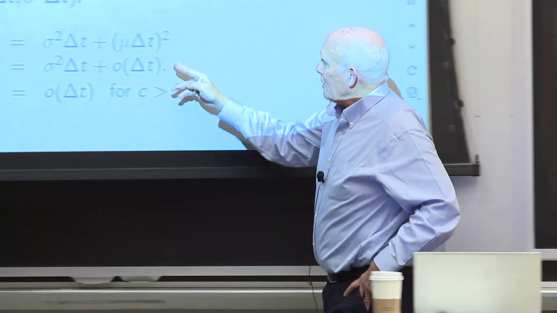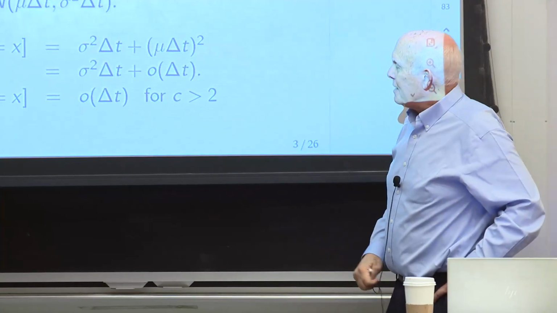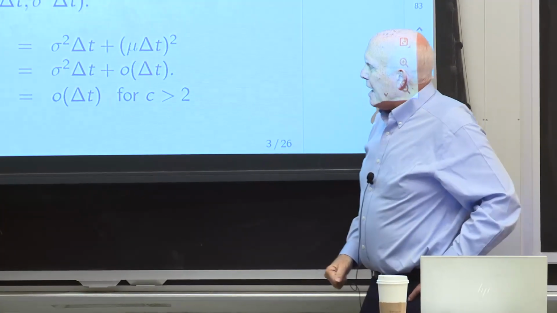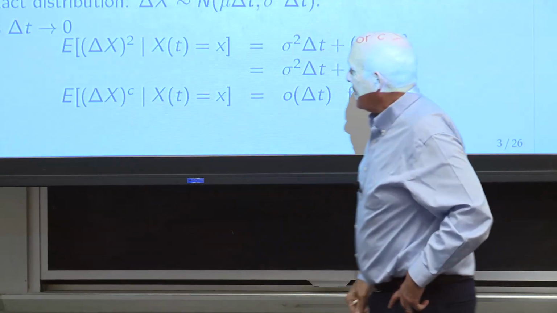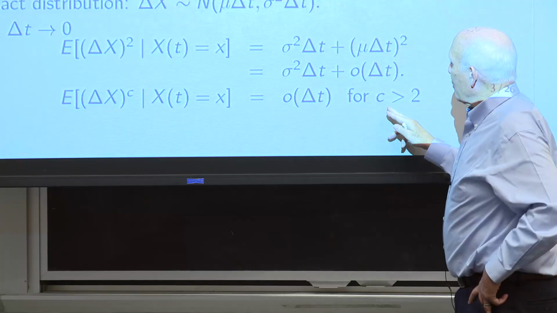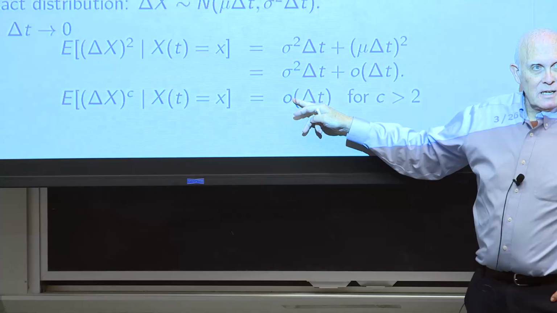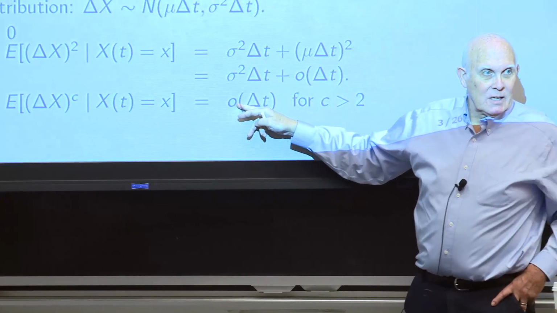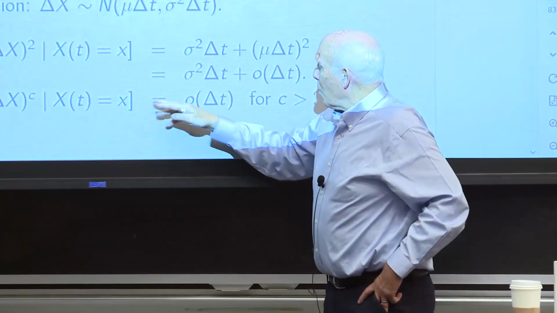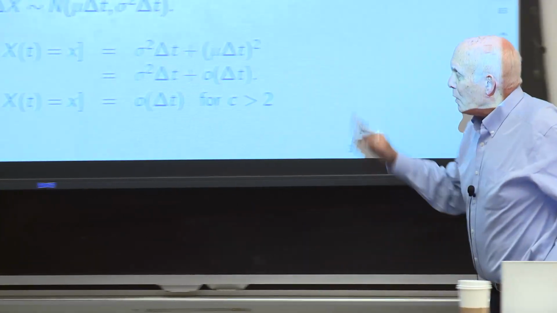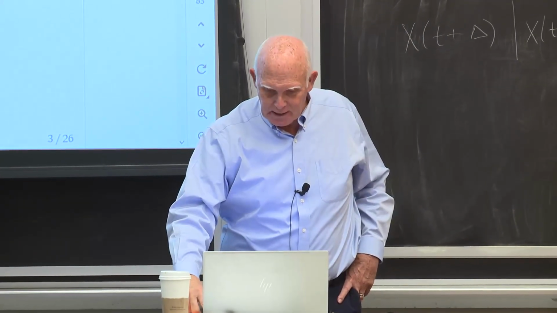So this little o notation means that as delta t goes to 0, this remainder part goes to 0 as well. And if we consider powers of our increment of delta X, where the power c is greater than 2, then this will also be small o of delta t. So expressions that depend upon second or higher order of delta X will actually be comparable to sigma squared delta t.